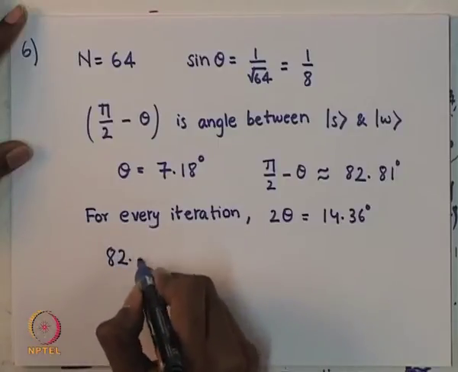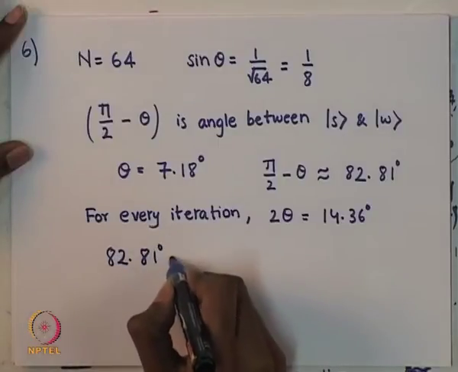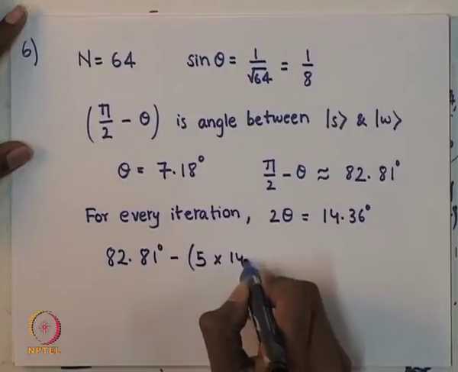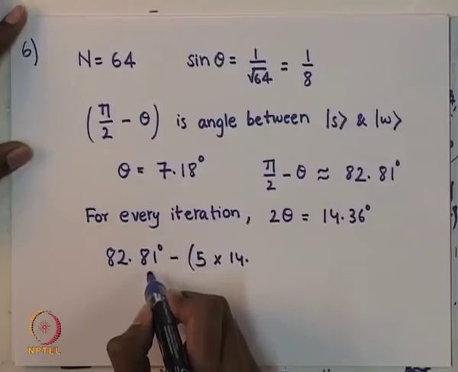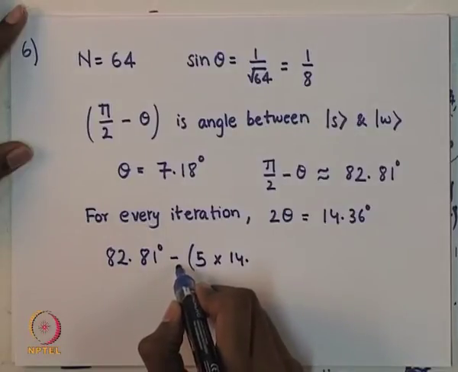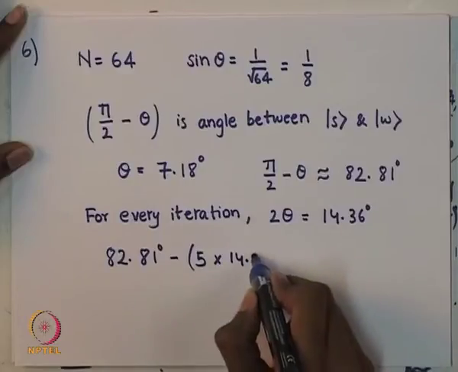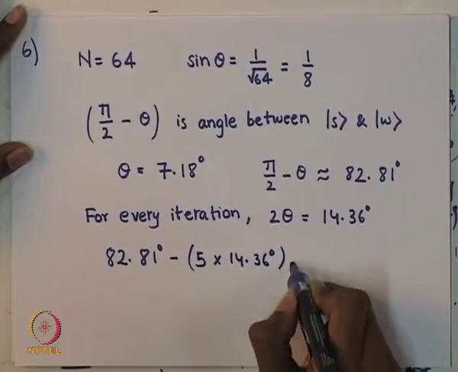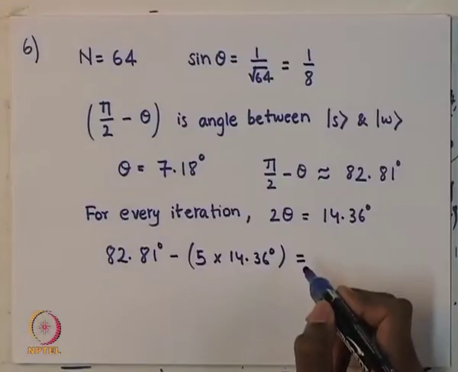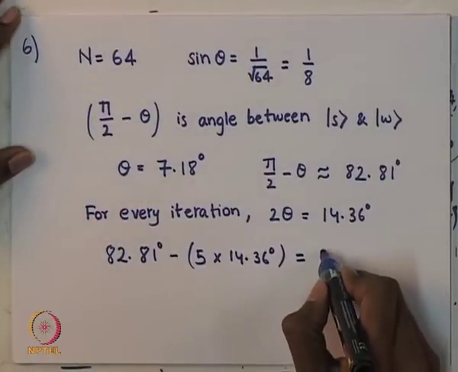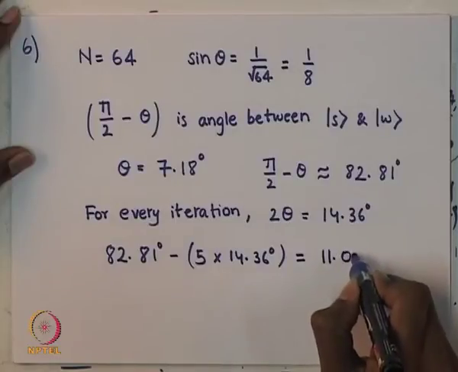After 5 iterations, the angle between S and W would be 82.81 degrees, the initial angle, subtracted by 5 times 14.36 degrees. That gives us 11.01 degrees.